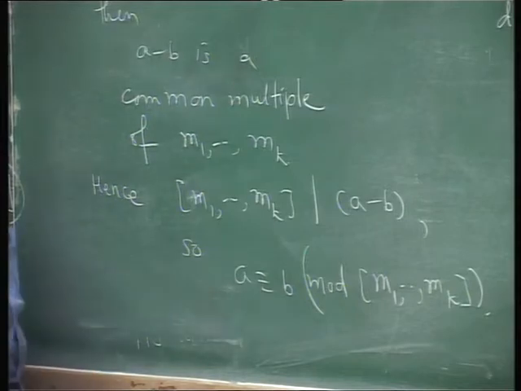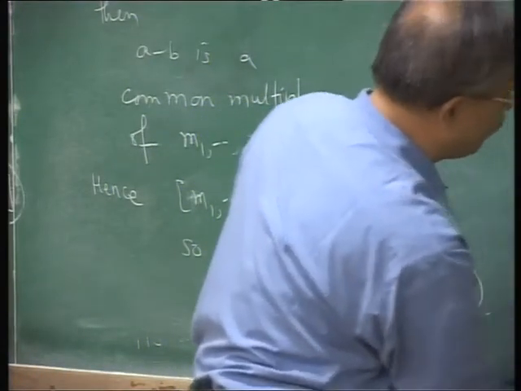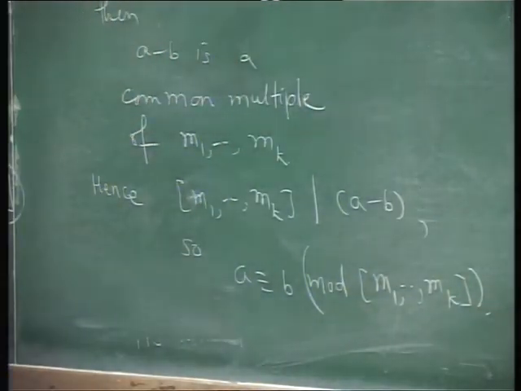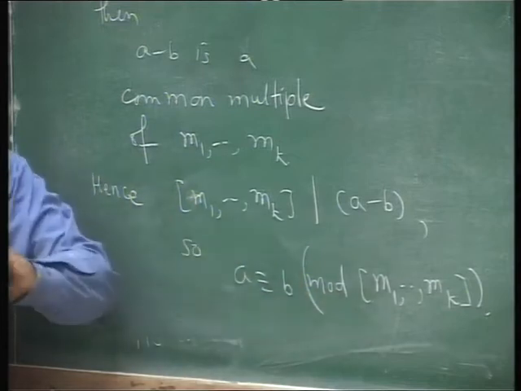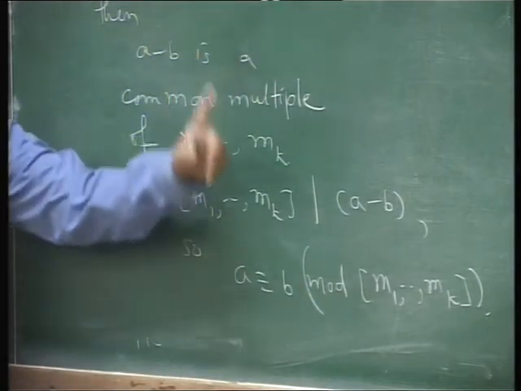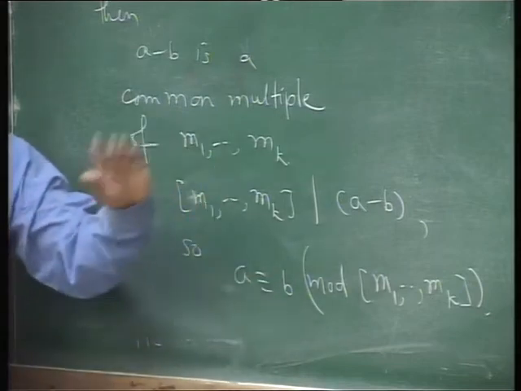Conversely, again you can use the property of the congruence. Suppose A minus B is divisible by the LCM of m1, m2, ..., mk. Each mi is a factor of the LCM. Therefore, A congruent to B mod each mi.